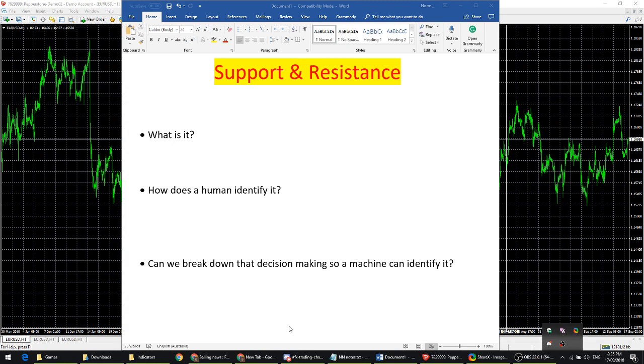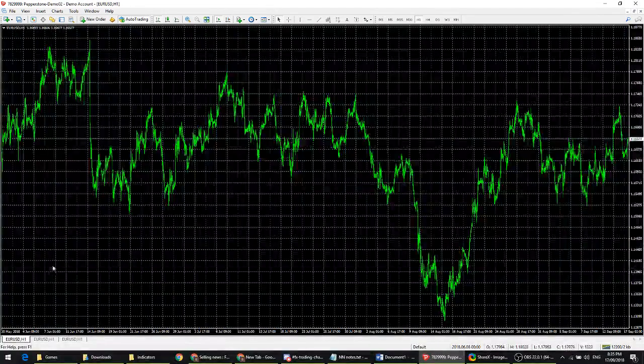So support and resistance depends on which way you're moving. It's all relative to your position. But for the sake of simplicity here, we'll talk about support and resistance, assuming that all our positions are going to be long. So now let's have a quick look at this chart.